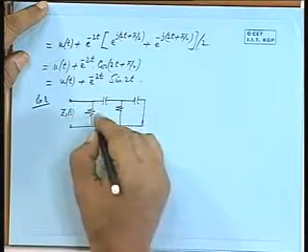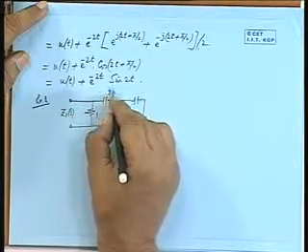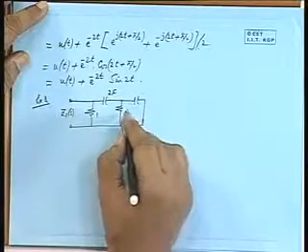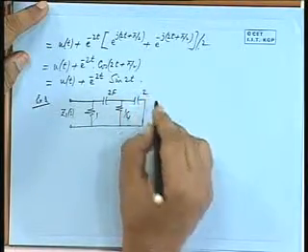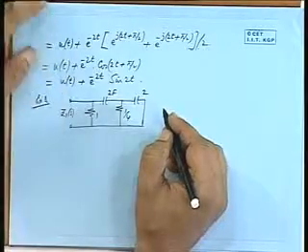The values are 1 ohm, 2 farads, 1/4 and 2 farads. Okay.